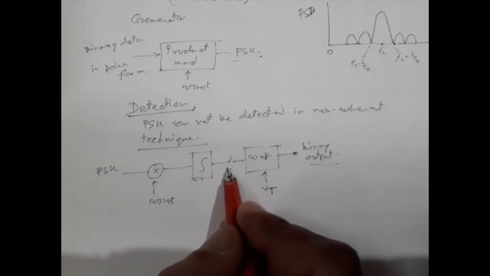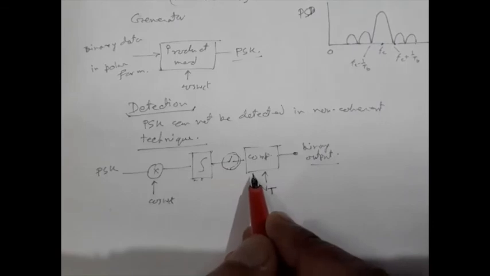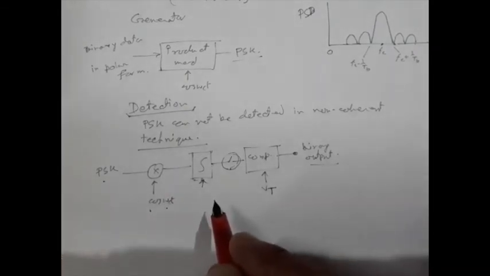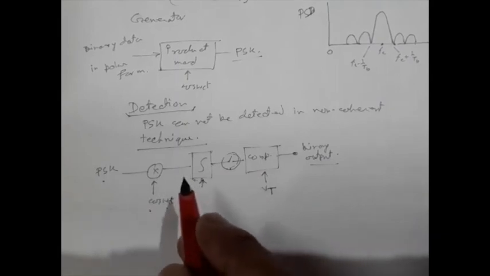Or even we can eliminate the sampler, so the integrator output may come to the comparator and we will get the binary output in a continuous fashion. But this one requires the bit synchronization and this one requires phase synchronization, and that makes PSK detection costlier, because it cannot be detected in non-coherent fashion. Non-coherent technique means it is cheaper, but coherent technique means it is costlier. So PSK detection is costlier compared to the equivalent ASK.